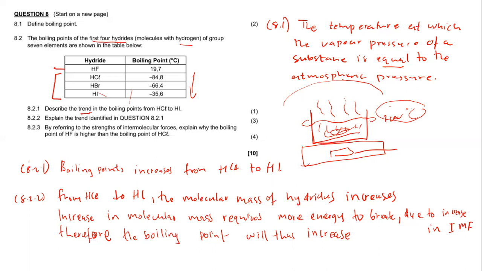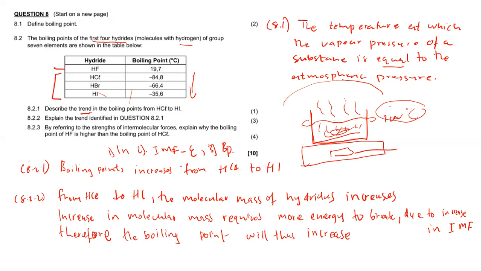You can put it however you want, but this is what I want you to know. First, talk about the increase from where to where, or the decrease from where to where. Second, you talk about the intermolecular force, which leads to energy. Number three, you talk about the BP, the boiling point, that will result due to the strength of intermolecular force and the increase in energy.